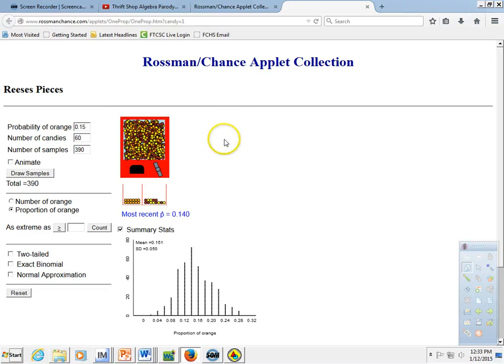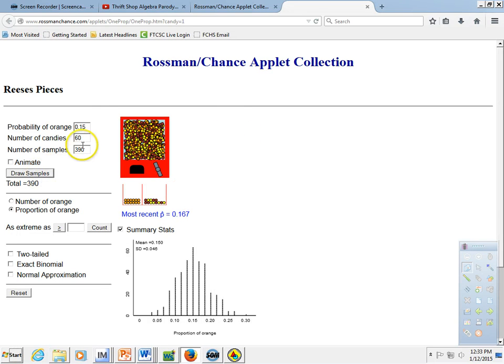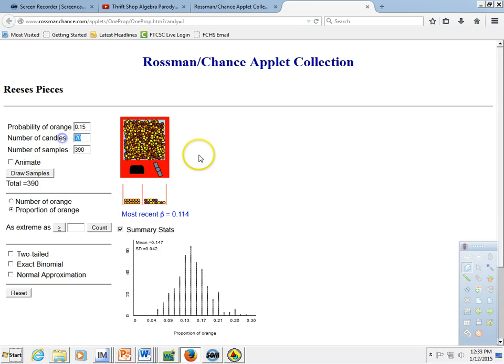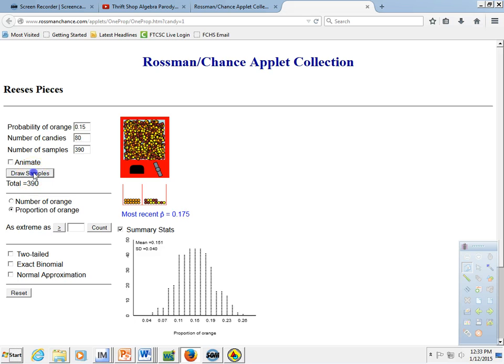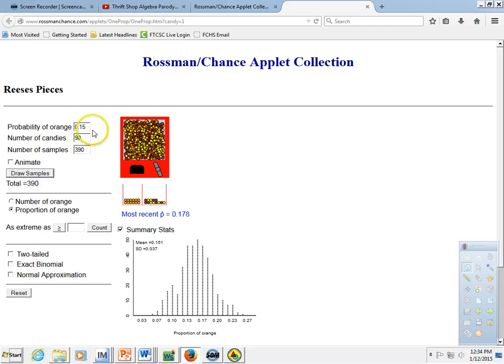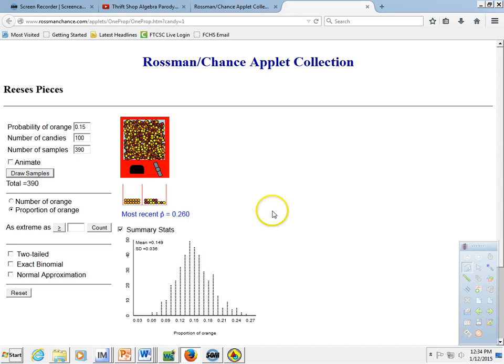So how far do we have to go to get a lot closer to normal? You see it keep pulling in. Keep pulling in. More and more, and we keep getting closer and closer to normal. That suggests that the shape of the distribution is subject to the sample size.